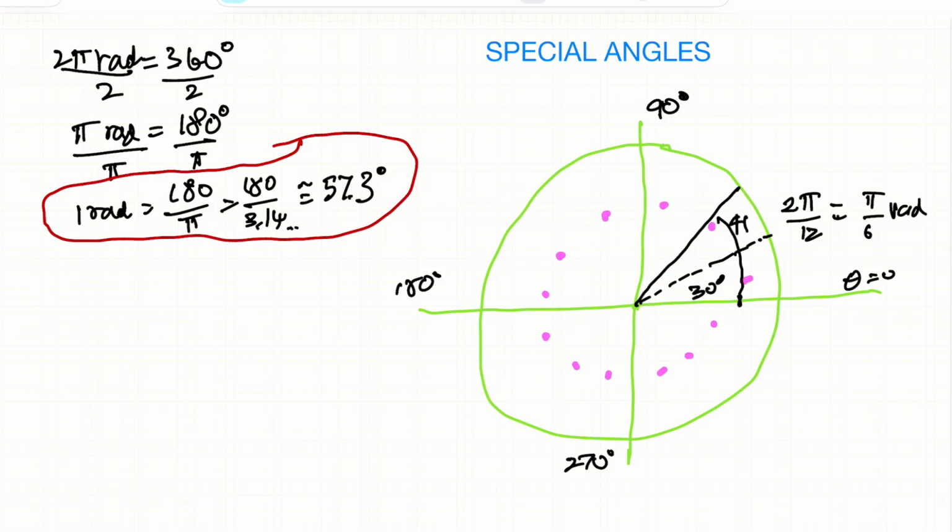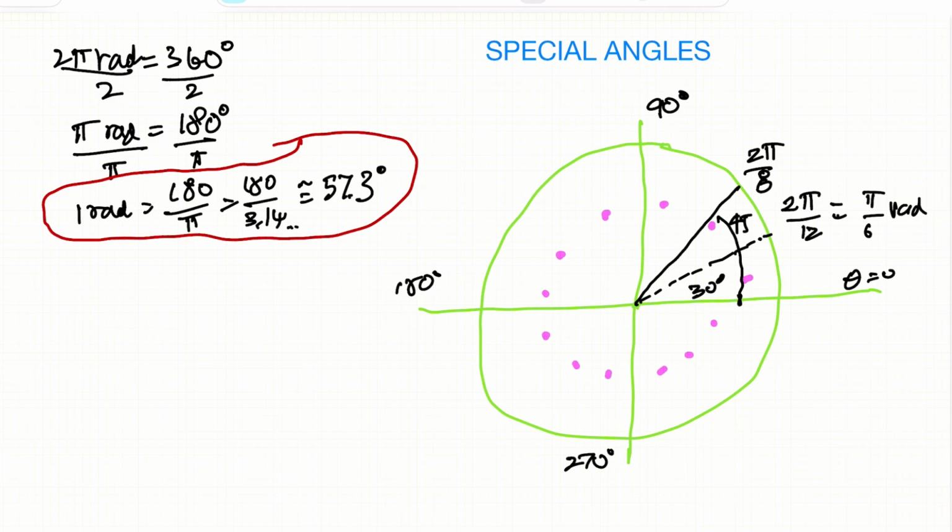So there's our 45. Now in this case, we know that 45 is half of 90. So there's 2 segments in the first quadrant, 2 in the second, 2 in the third, and 2 in the fourth. So that's going to be divided by 8. So 2 pi radians divided by 8 for 45 degrees, that's pi over 4 radians. So a 45-degree angle is equivalent to pi over 4 radians.